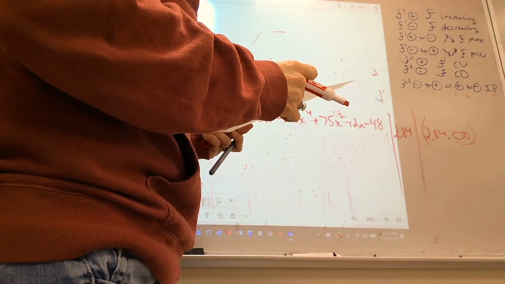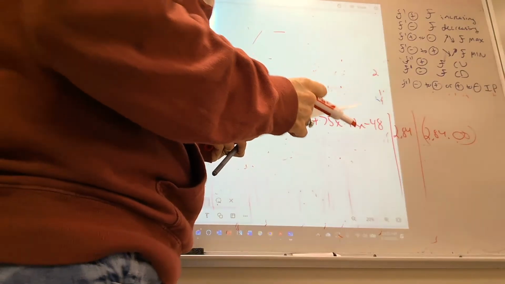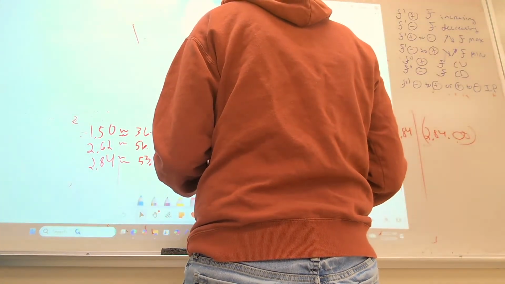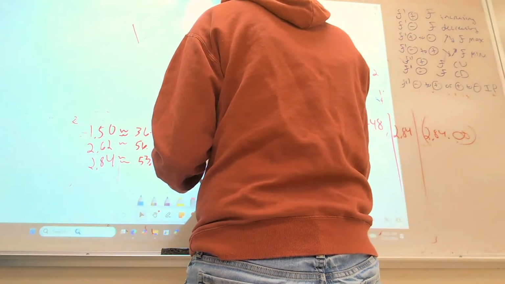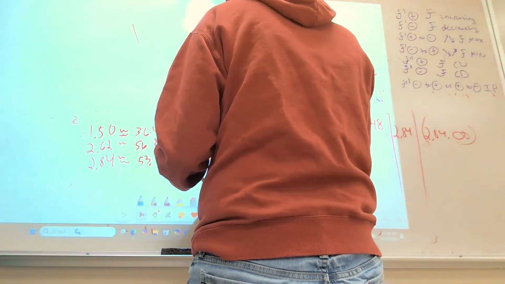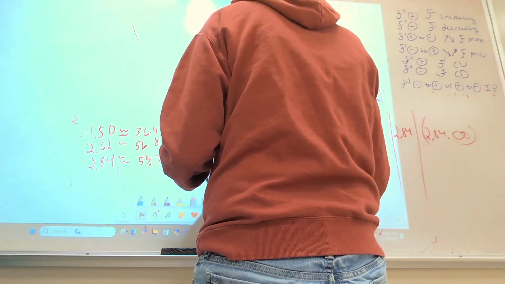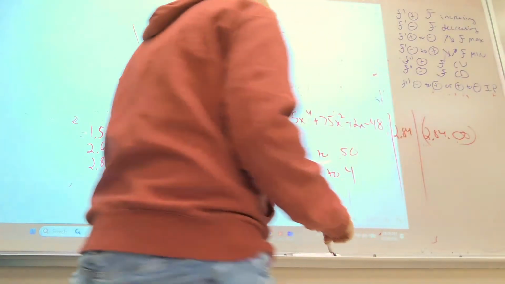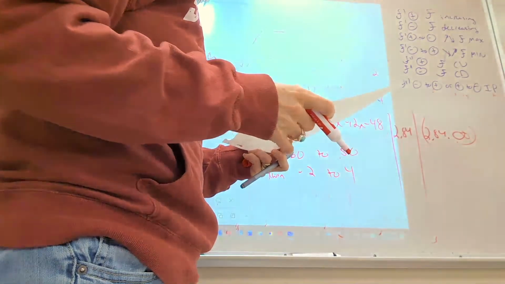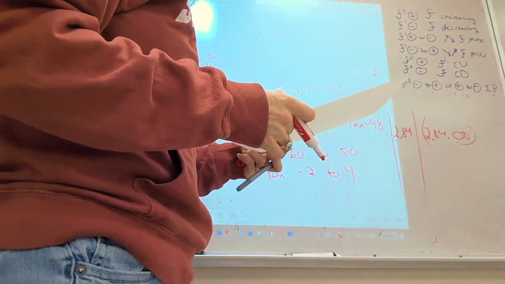There's 1, 2, 3, 4, 5 of them. Let's have a window like, I'd say your Y window should be about minus 60 to 50, and your X window minus 2 to 4. So you can well see you've got 1, 2, 3, 4, 5 zero crossings.